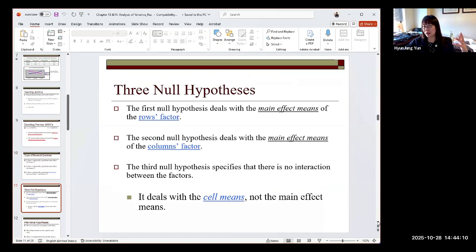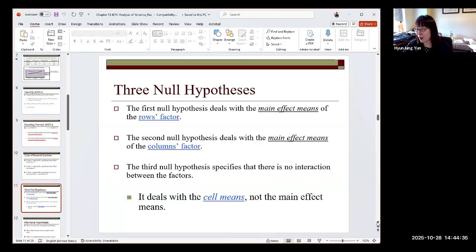Of course, a different party ID, whether they have differences. The null hypothesis means they will test it to nullify or falsify. So all the means and differences are the same across rows, across columns, and also any patterns going on across different cells.